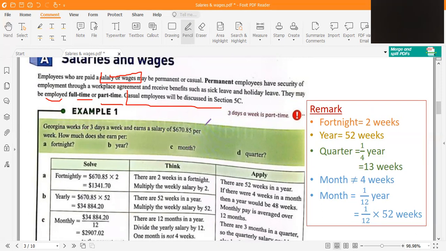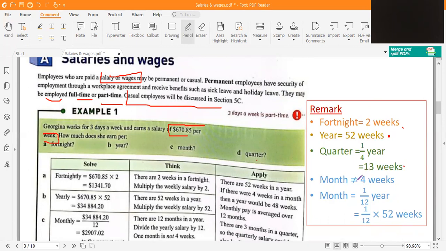From this weekly salary, how much does she earn per fortnight, per year, per month, and per quarter? First, we should know that a fortnight is equal to 2 weeks, a year is equivalent to 52 weeks, and a quarter is equivalent to 13 weeks, or 1 over 4 of a year.